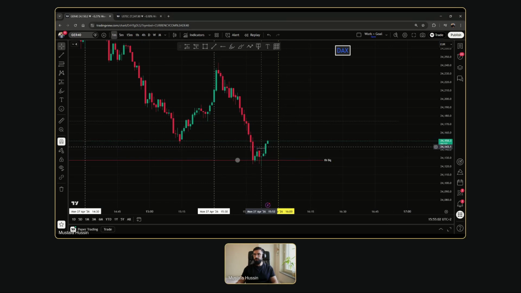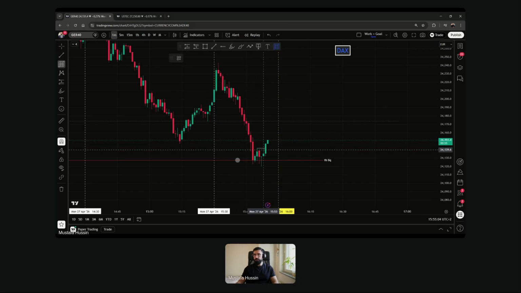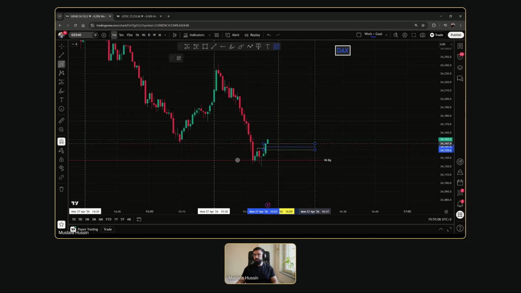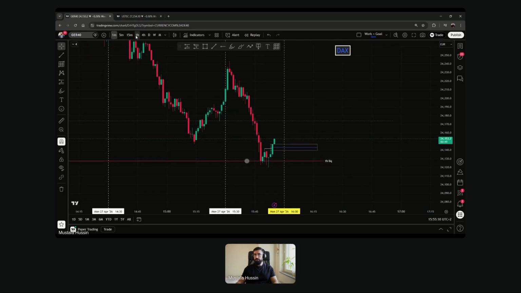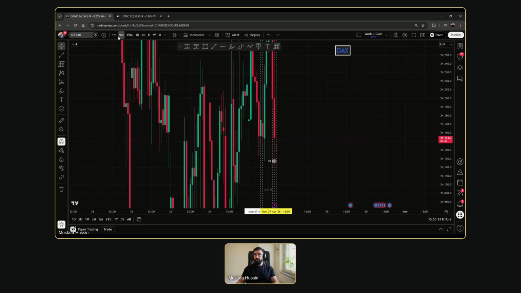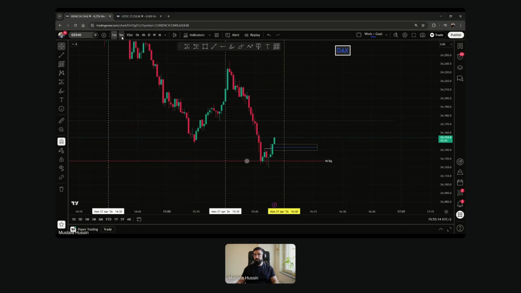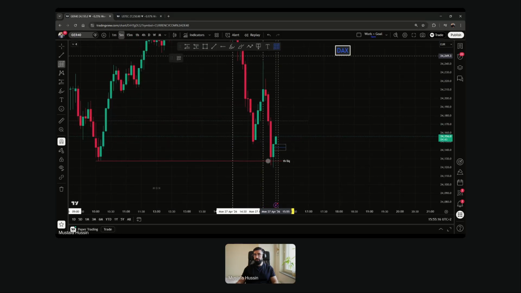And break of structure. We're just waiting for the last confluence right here. Yeah, this is definitely going up, or reacting.